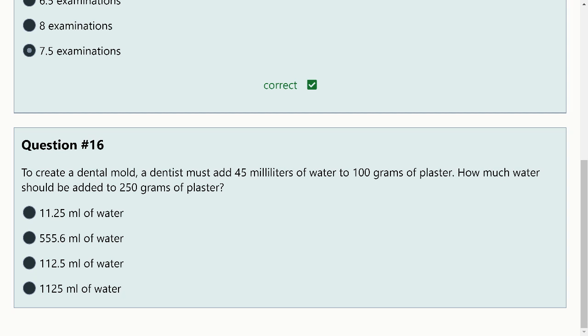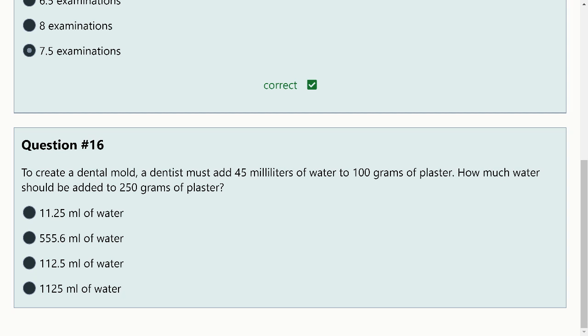To create a dental mold, a dentist must add 45 milliliters of water to 100 grams of plaster. How much water should be added to 250 grams of plaster? So you've got 45 milliliters to 100 grams on one side. On the other side, we know we've got 250 grams and x.